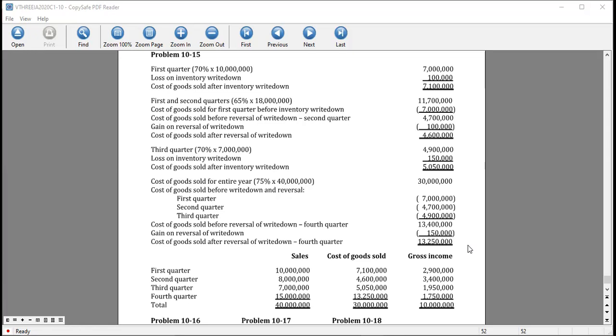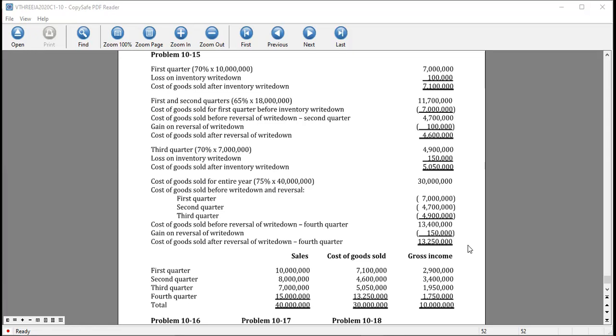So we have now the cost of goods sold, and we deduct the amount pertaining to the first, second, and third quarter. 7 million times 70%, 4.9 million, and then we are going to add the loss on inventory write down for the quarterly.